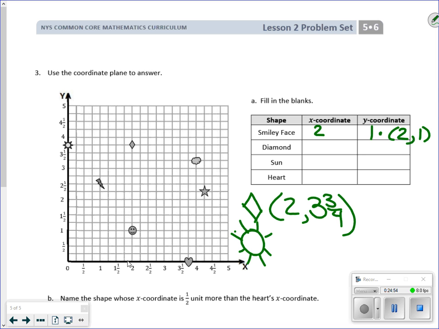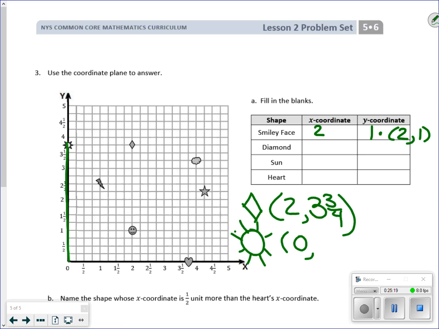Coordinates, you have to have two numbers. What is the x? How far does it go to the right? Tamaya knows 0. See how it goes straight up the y? Does it go to the right? No. So the x is 0.